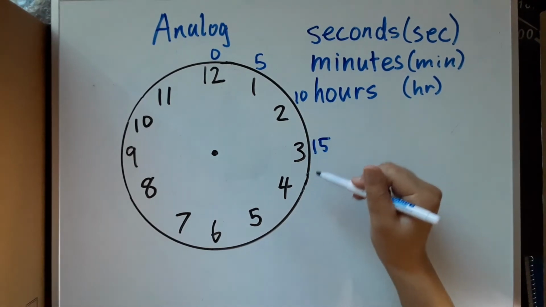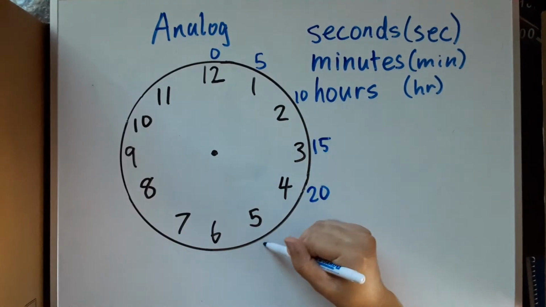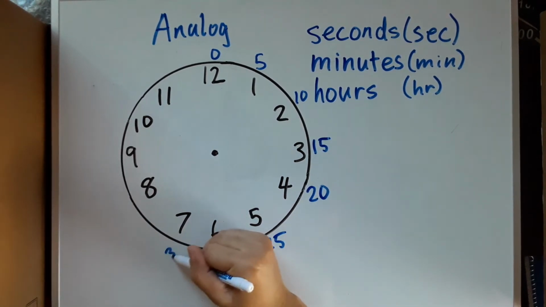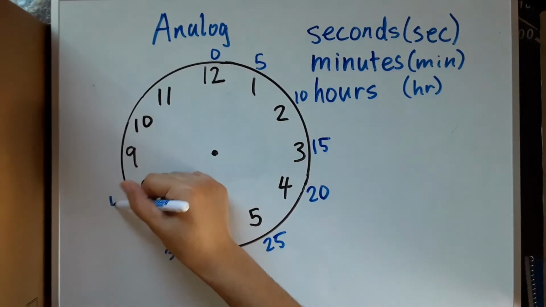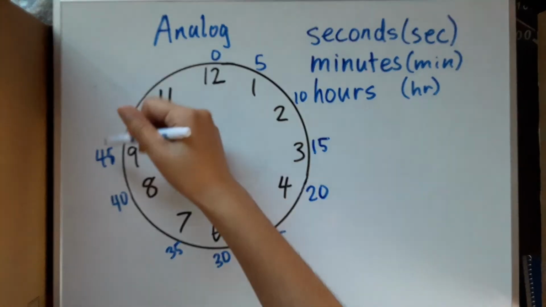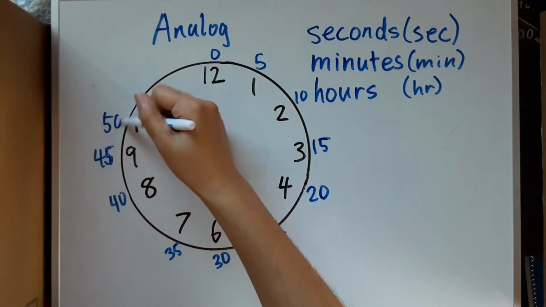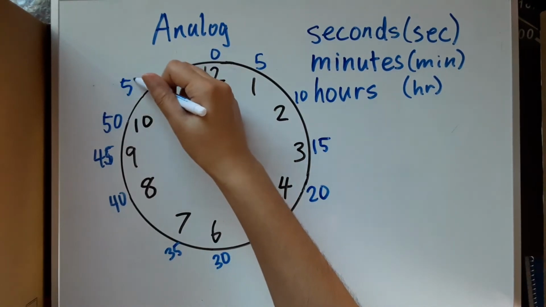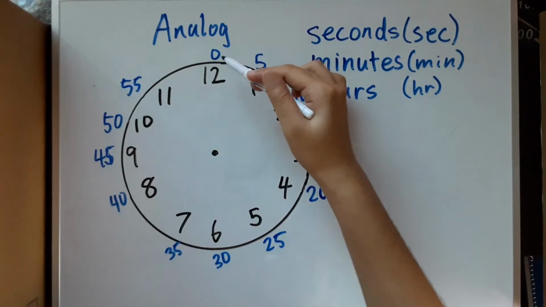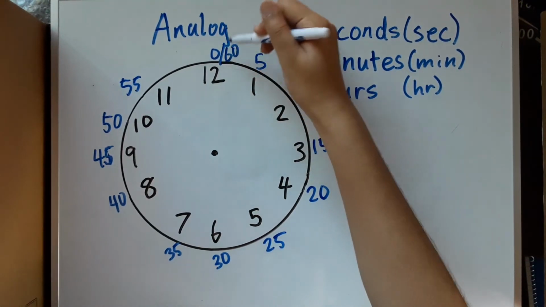From 3 to 4, it would be 20. And it goes on through the entire circle. At the 12, it's stated as 0, and it can also be seen as 60.